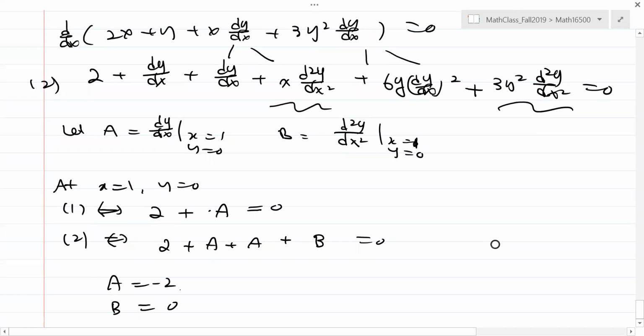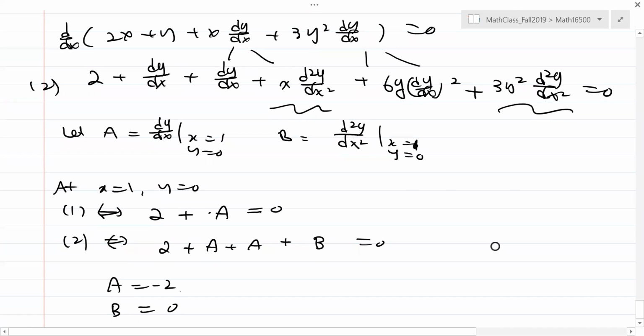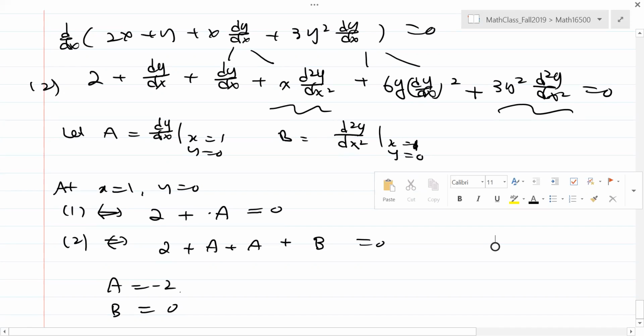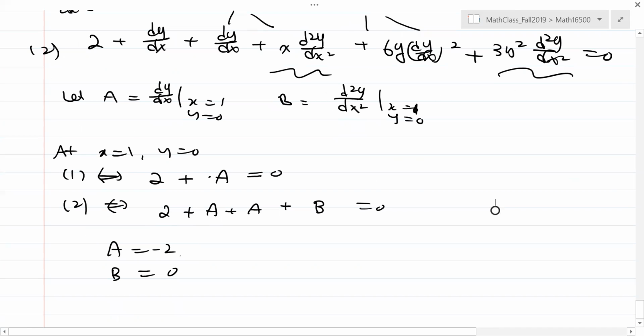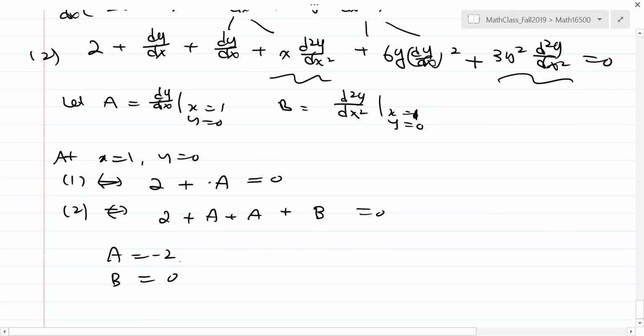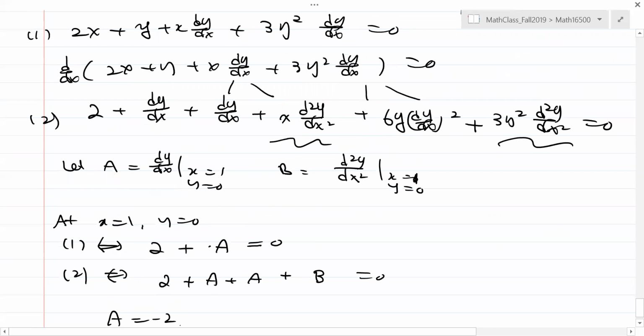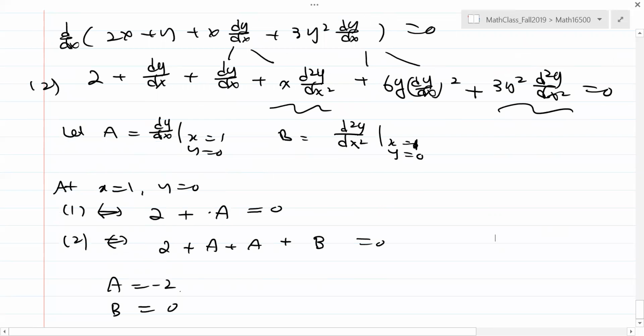First of all, make sure the computation is correct here. When you differentiate, don't miss any terms. You have to apply the product rule and chain rule. Then do not find a general formula for the second derivative because it's very complicated. In many cases, if you restrict these two equations to the particular point, lots of terms will be gone.